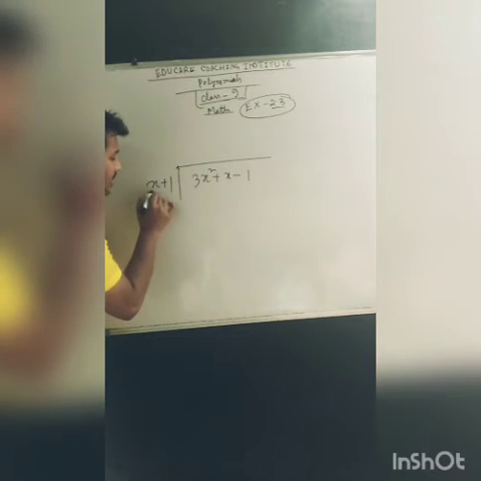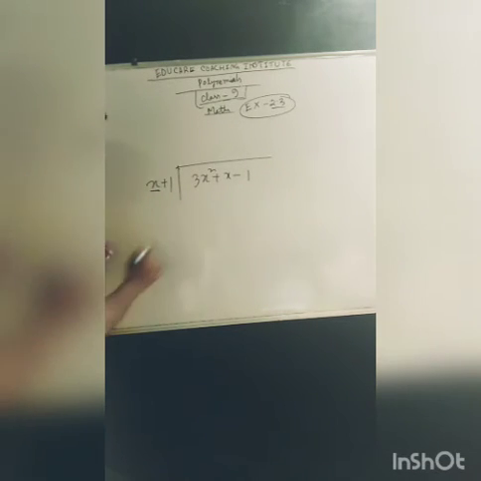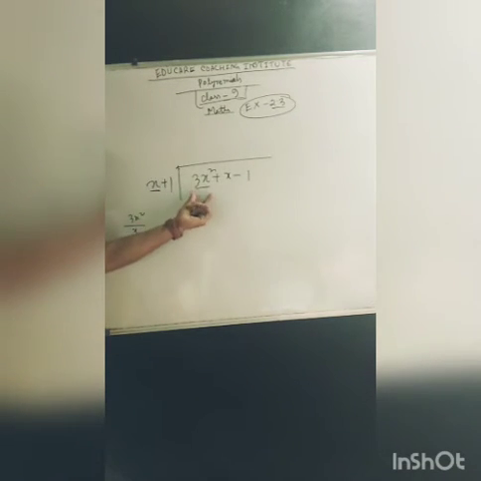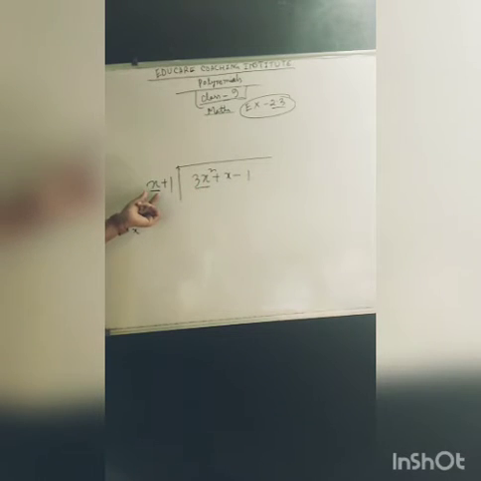We have to see the first term of both polynomials. We divide 3x square, the first term of this polynomial, by x, the first term of the divisor. So what is the quotient?